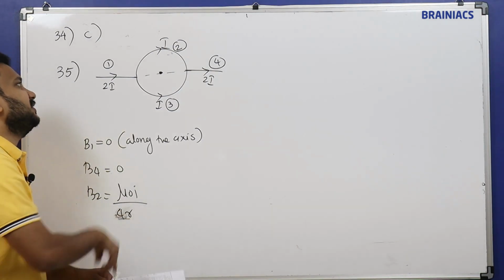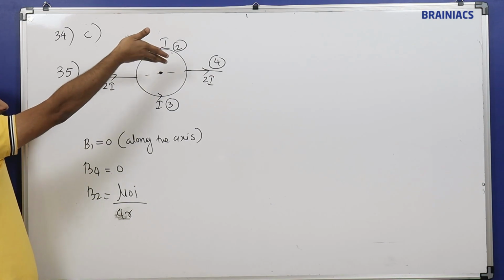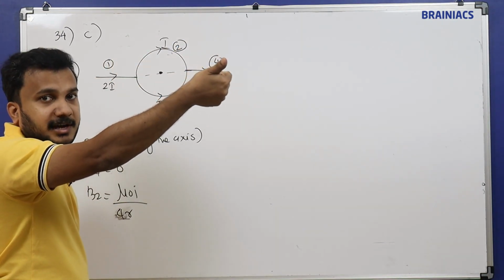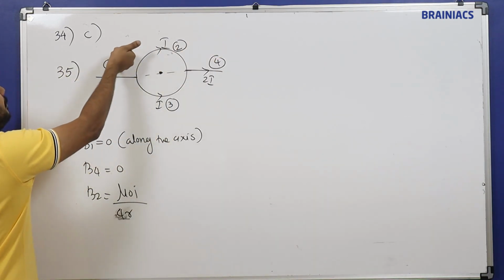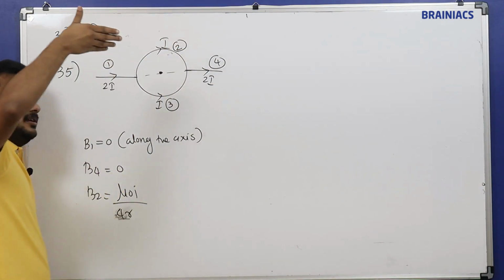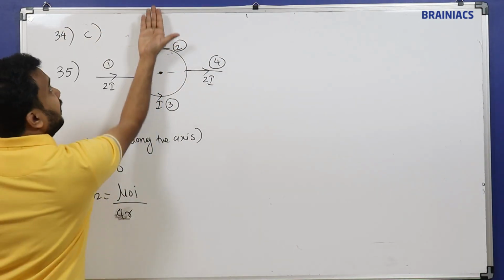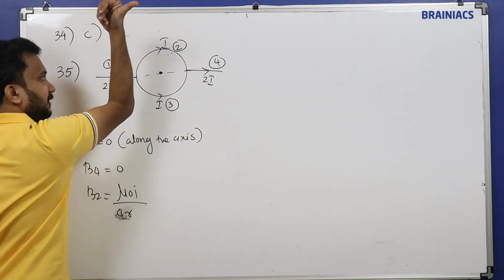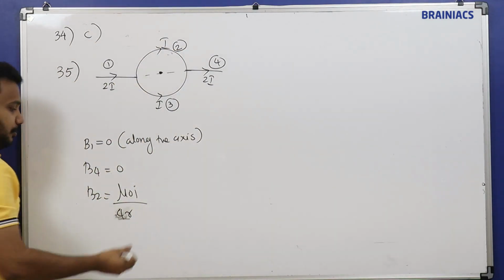But direction is important. See. If you are using your right hand, thumb rule to find out the direction of magnetic field, thumb is giving the direction of current and magnetic fields are into the board on bottom and top it is coming out like this. If you are using your right hand here, it's like this. So here it is into the board.